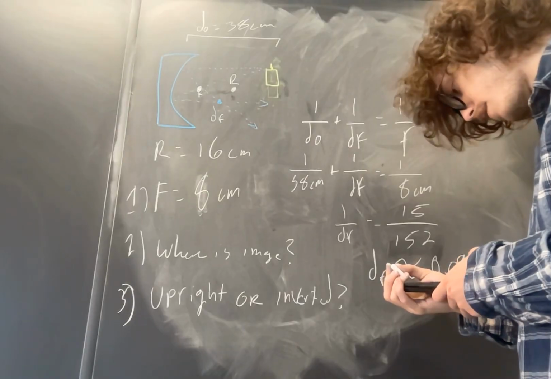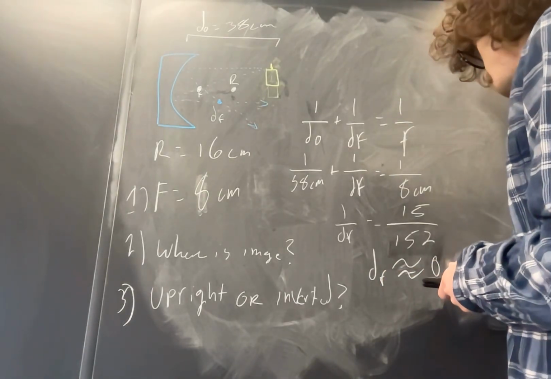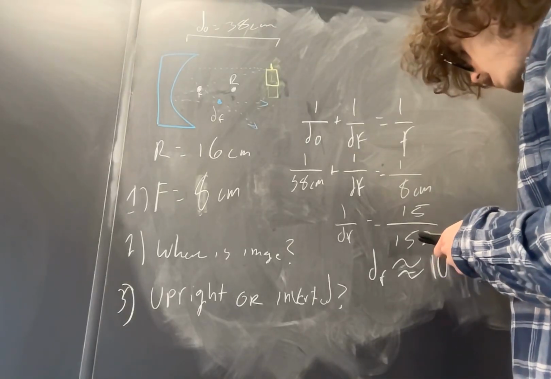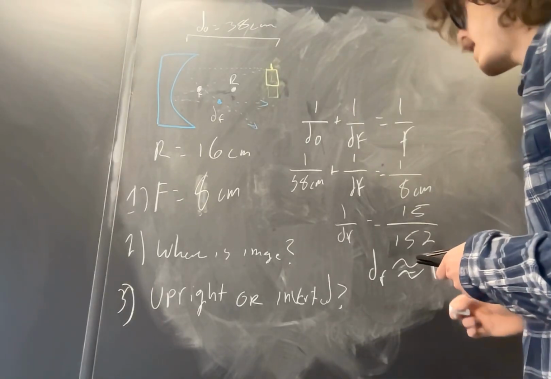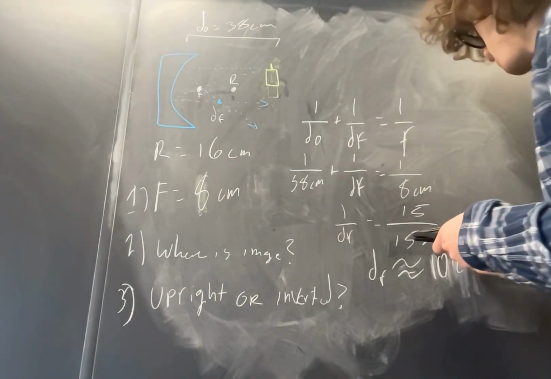Sorry, I put it in wrong. It can't be point something centimeters away. Okay, the final distance is 10.1. And how many sig figs? We have 2, so we're just going to say it's 10 centimeters away.